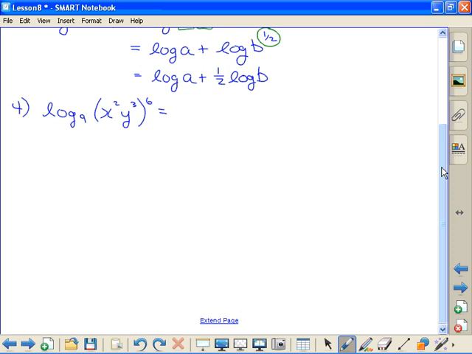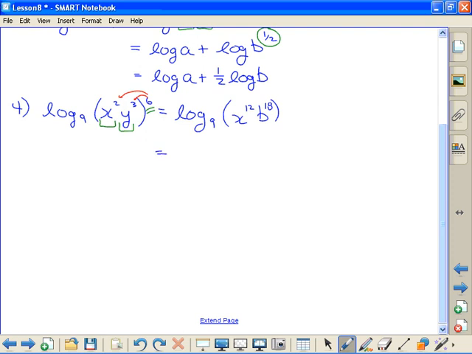It's kind of looking like multiplication of one term multiplied by another, but I need to get rid of this outside exponent so it looks proper, so that I can apply that rule. So log base 9, and in the brackets, I'm going to distribute that 6 to both terms. So just using your exponent laws, I end up with x to the exponent 12, y to the exponent 18.